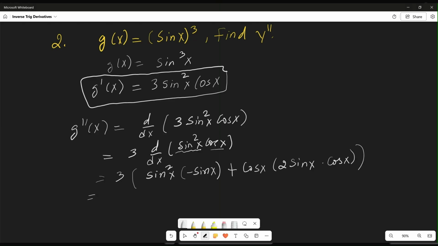So we have 3 times, let's just multiply the 3 as well along the way, negative 3 sine cubed x plus 3 times 2, 6 sine x cosine squared x.